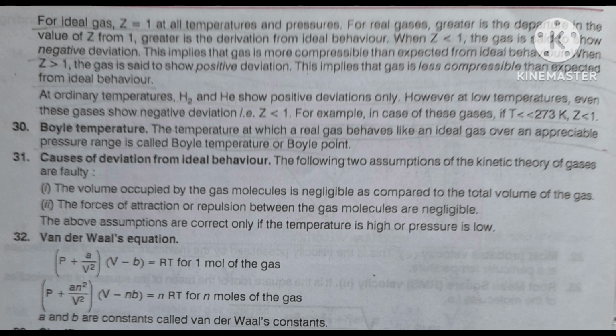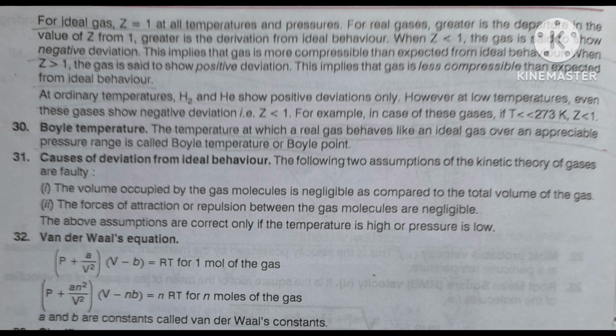Now I am telling you about the van der Waals equation. What is actually the van der Waals equation? After the correction in pressure, the original pressure was suppose P, but due to correction in forces, now a upon V square is added to the pressure.